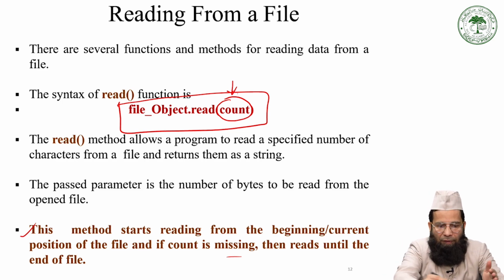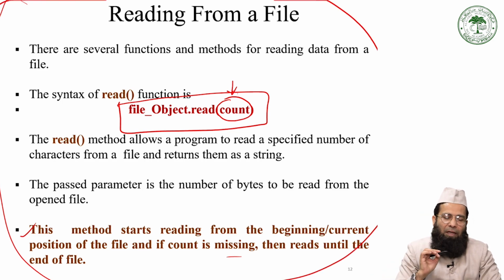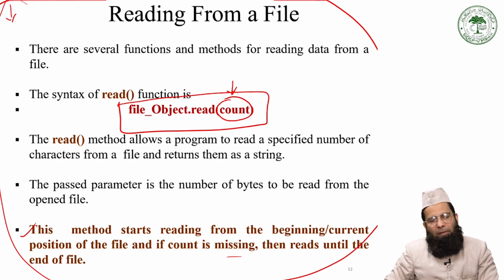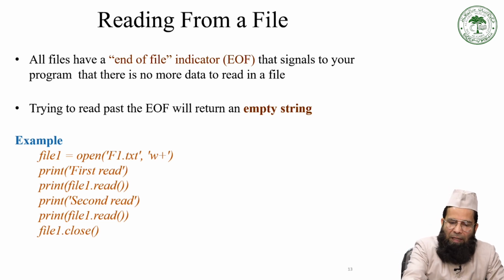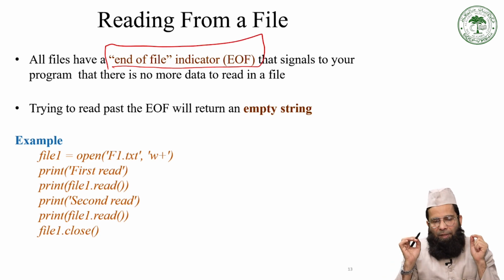Suppose this is the file, with the content I have written here. My file pointer would remain at the beginning of the file. Then one thing needs to be remembered here. All files have an end of file indicator. End of file is a very important concept here.